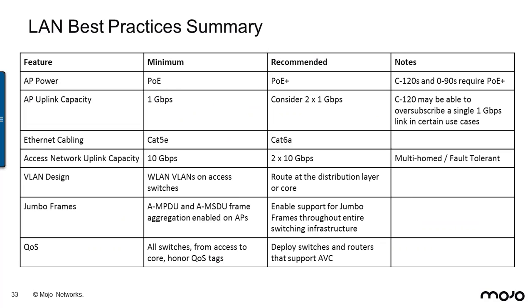So in summary, for the best practices here, I won't talk about too much other than to say, talk about QoS. We want to make sure that we have QoS end to end. Ideally, you don't want to just rely on your access points to do QoS.